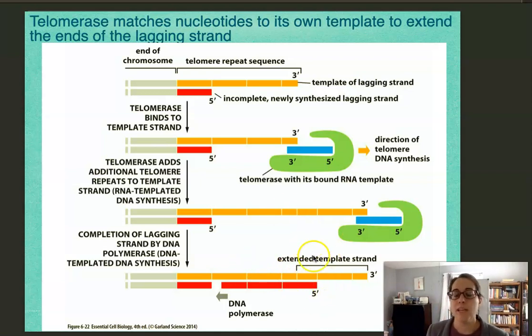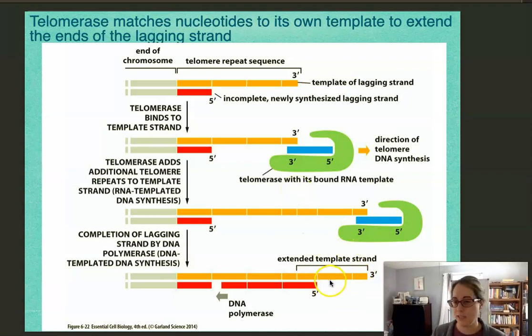And then we can have DNA polymerase come in and do its job as normal, and it's going to synthesize 5' to 3' and read 3' to 5' as it reads this template strand on the top. And so then we're just using our normal process that we've used previously.